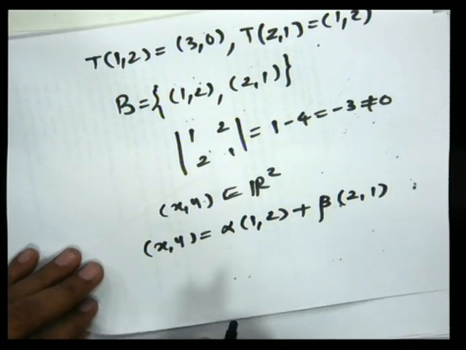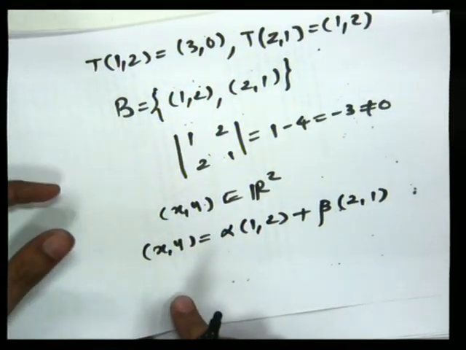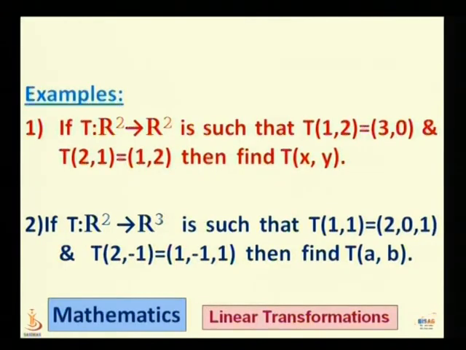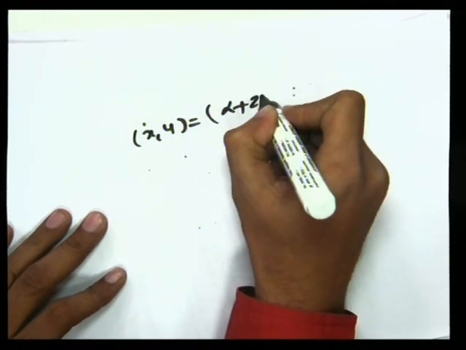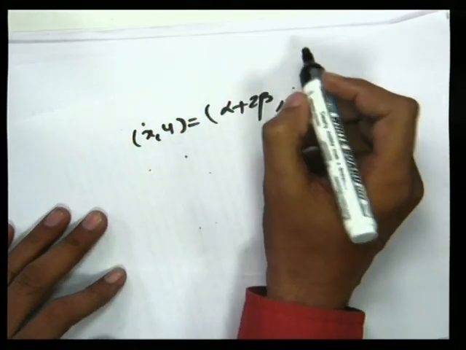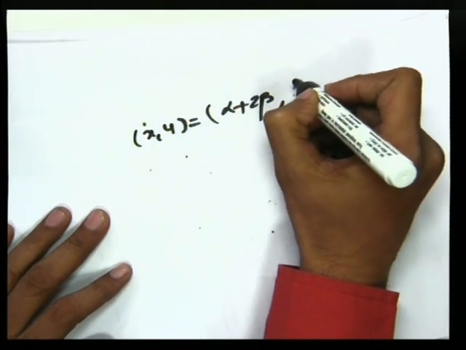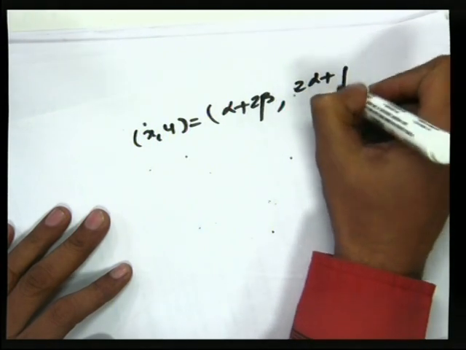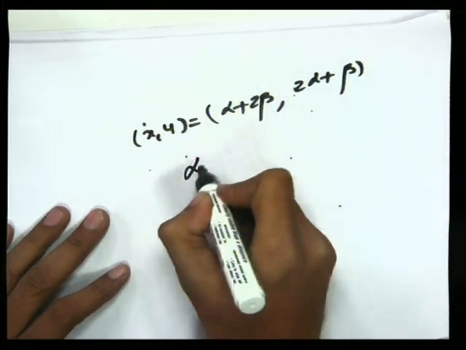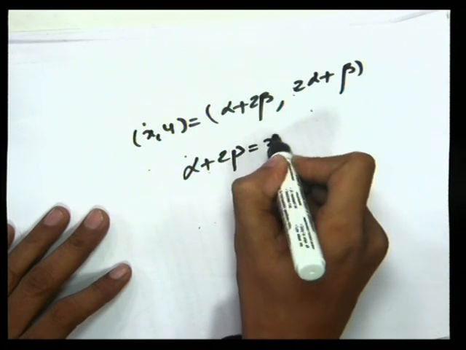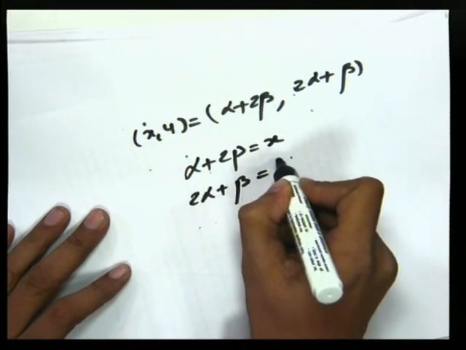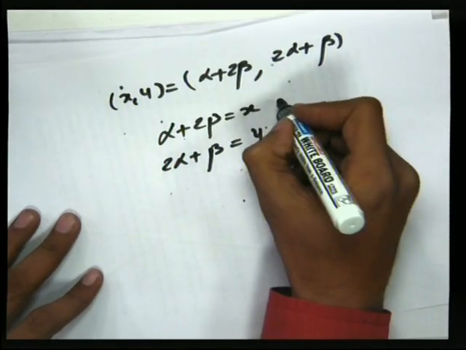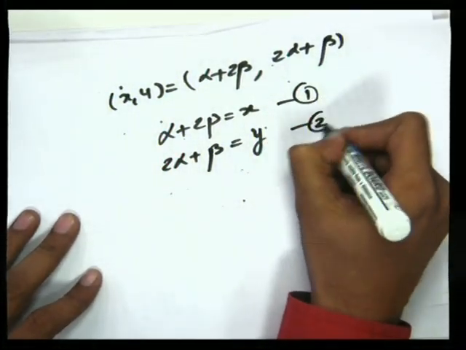Here we have to find out alpha and beta. So here (x, y) is equal to (alpha plus 2 beta, 2 alpha plus beta), which gives alpha plus 2 beta is equal to x and 2 alpha plus beta is equal to y. Now we solve these two equations for alpha and beta.